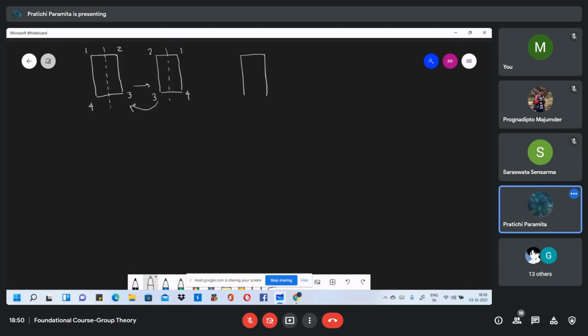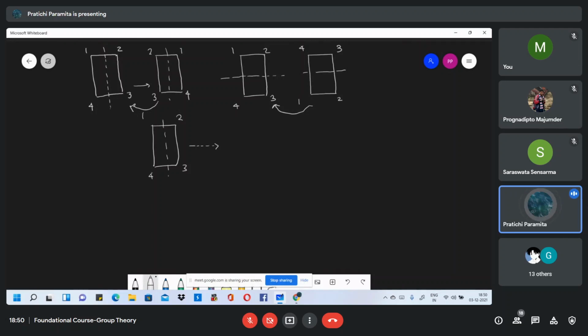Similarly, the same rectangle, I can flip it about this axis. It's again an axis of symmetry. So I'll get 1, 2, 3, 4. Again, flipping it about this axis will give this back. And if I compose these two operations, that is first I flip it about this axis and then about this axis, then I'll get 1, 2, 3, 4. I flip it about this axis.